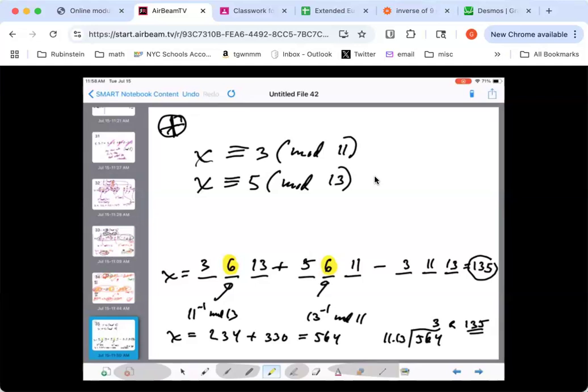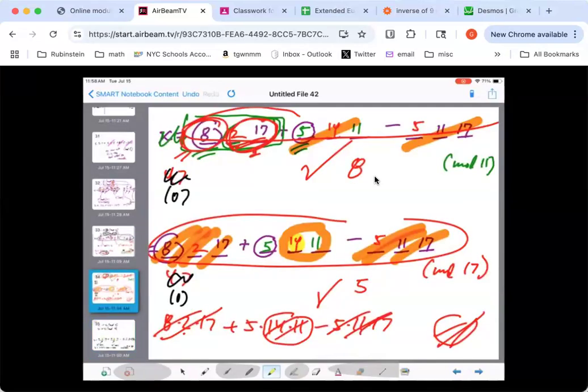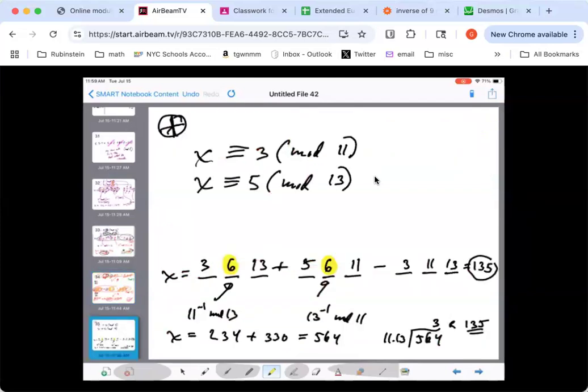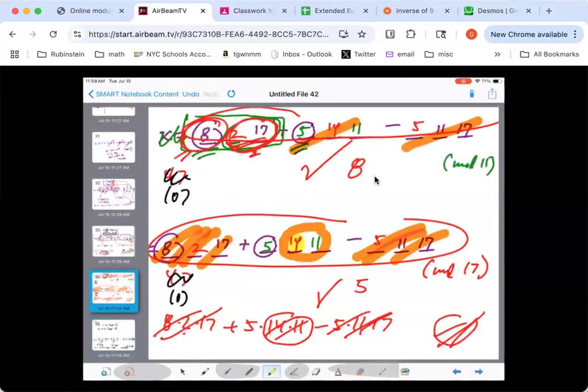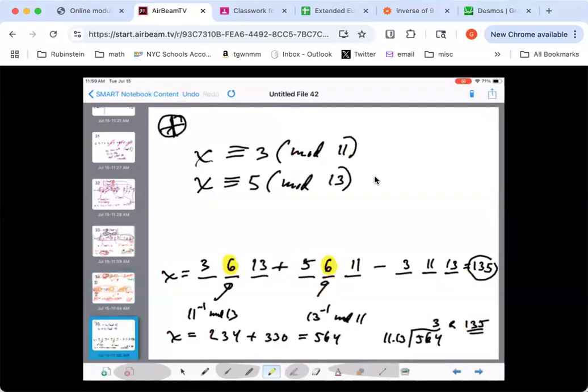Now, if you can do this on the homework and the test, I don't mind if you're confused about how or why that worked. It's okay, because the test question would be like this. But it helps if you understand why it works. Let's say you got confused and aren't sure which one to put here. Well, the reason it's got to be 13 inverse mod 11 is so that this thing cancels out and we get this remainder when I divide by 11.